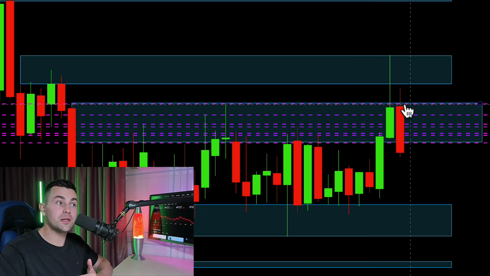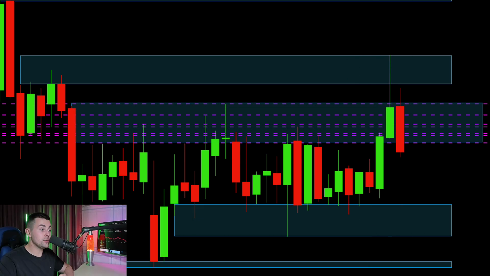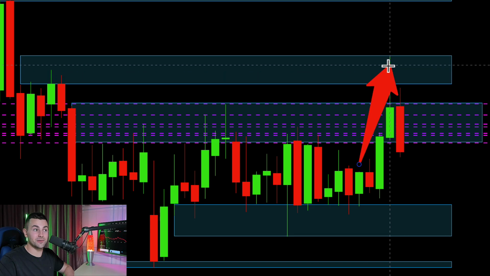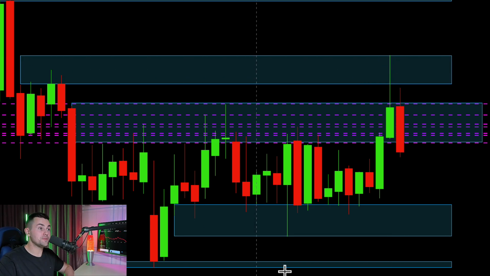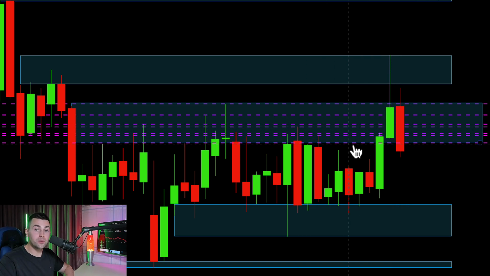But we don't keep it on our price chart for one single reason. You can see that with the recent price action, the market violated that cluster and the price went way above that. And now we see that the price is falling and the market is now trading below that area.